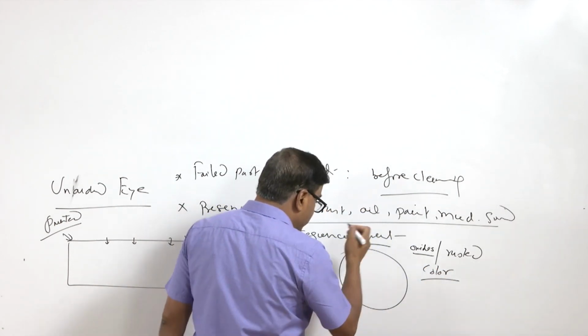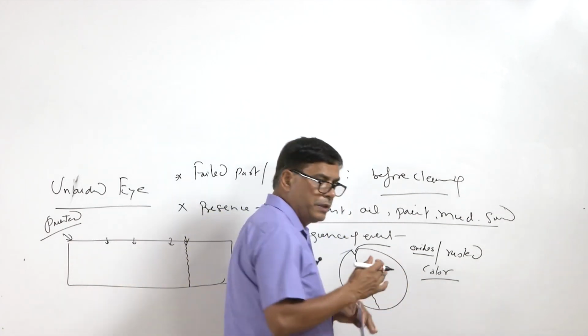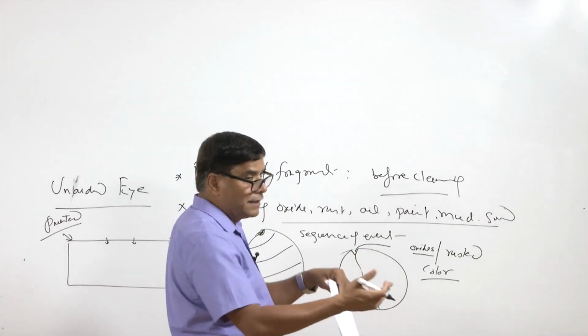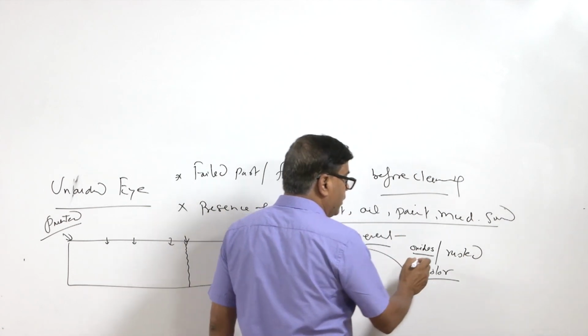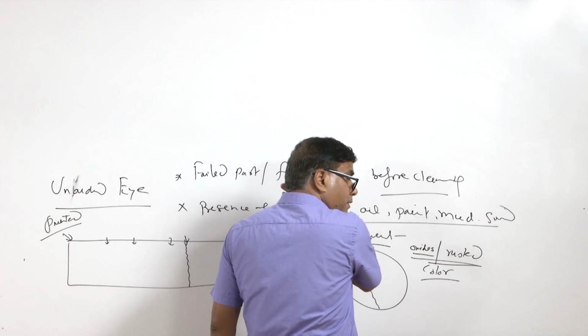So, when the failure occurs, the final failure will be metallurgical, and it will show a bright and different color and texture as compared to the oxide area, or the zone which was subjected to oxidation or rusting.